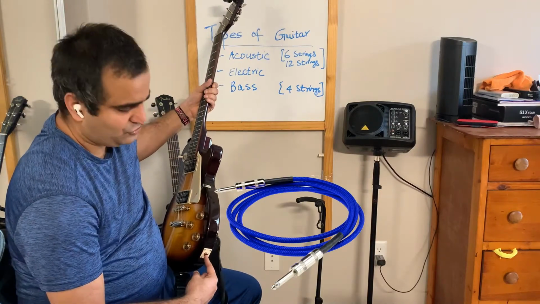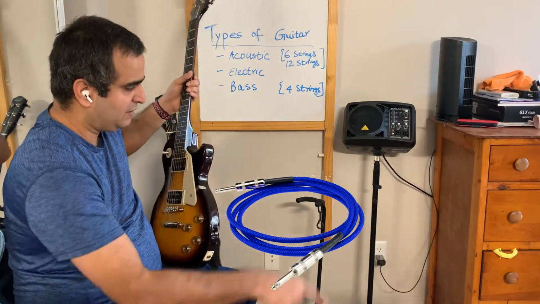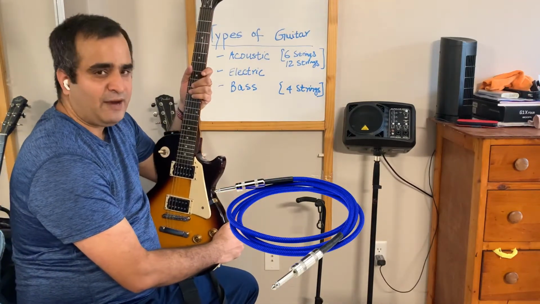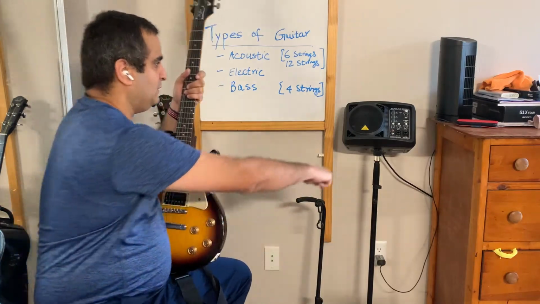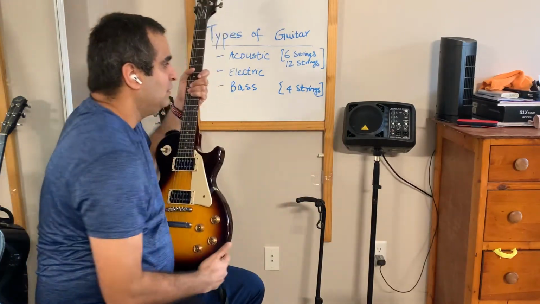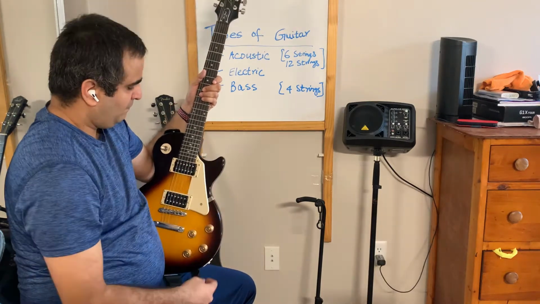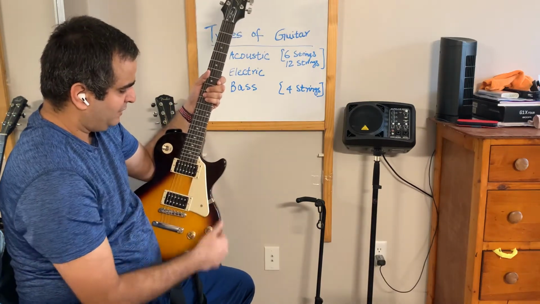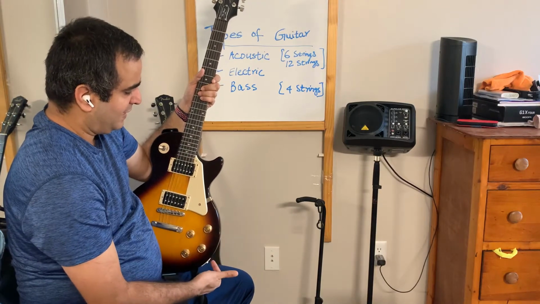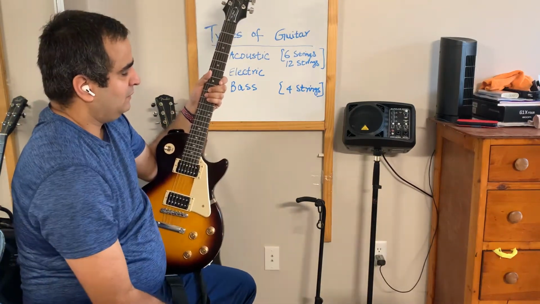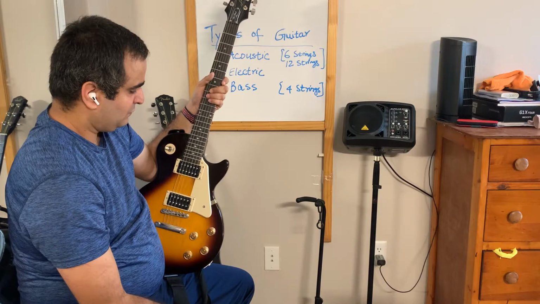It's a quarter inch cable which I plug in here, and the other end I plug into an amplifier or a speaker. You see here, this is a small speaker, and I plug that in, and so when I play here, that electrical signal is getting amplified, and the output I can hear on the speaker.